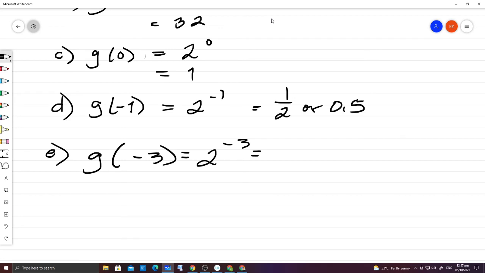No. Just like this one, it becomes a fraction. 1 over 2 to the power of 3.